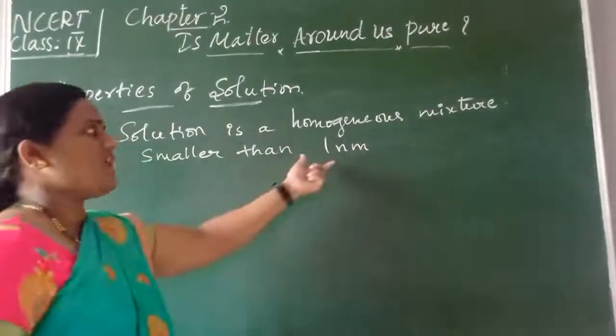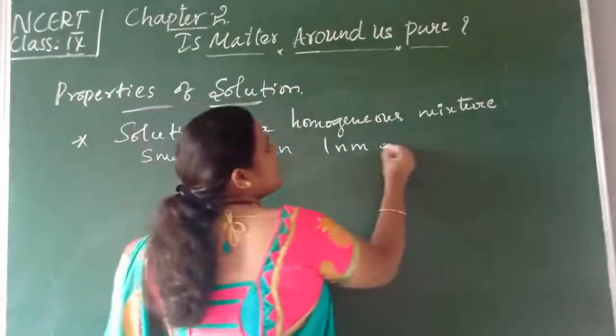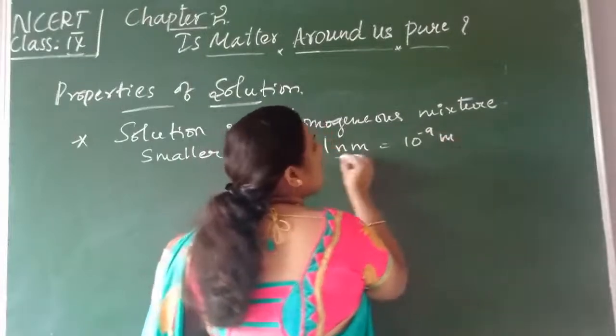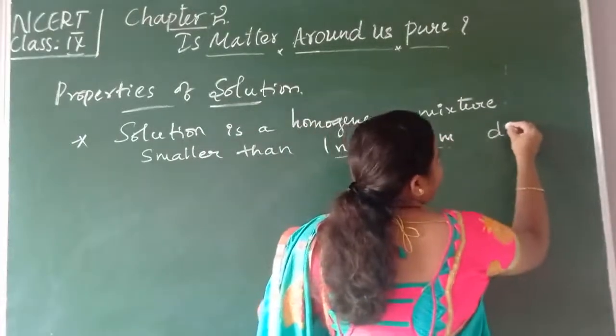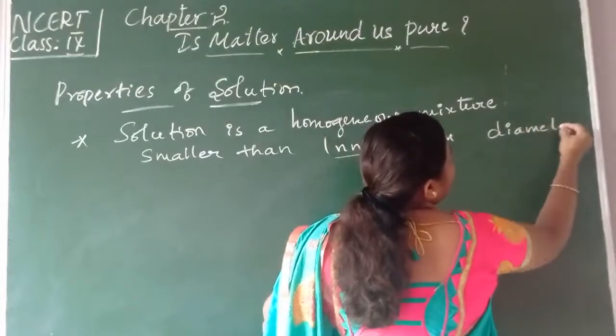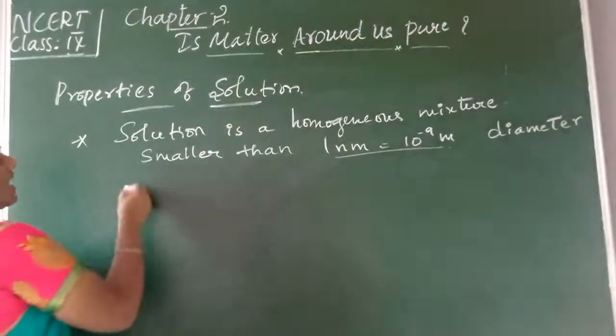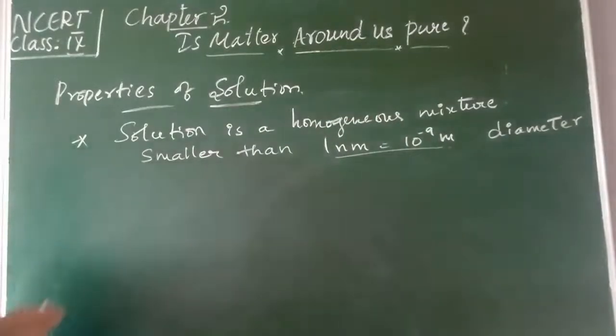You know, children, 1 nanometer is equal to 10 to the power of minus 9 meter. That is the diameter. The diameter of a particle is very, very small. So we can't see these particles through our naked eyes.